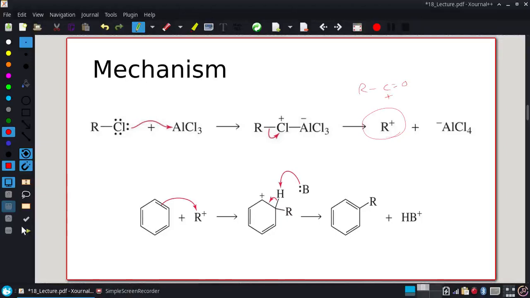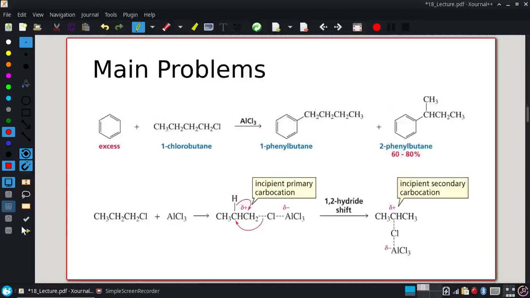And if we stop and think, we might imagine there's a problem there, because while that cation is not going to rearrange on us, this one might. And that really is the problem we see. If we actually were to use chlorobutane here, which would create a primary carbocation, that's going to easily do a hydride shift, which is why we'll probably end up getting the sec-butyl attached rather than just straight butyl.